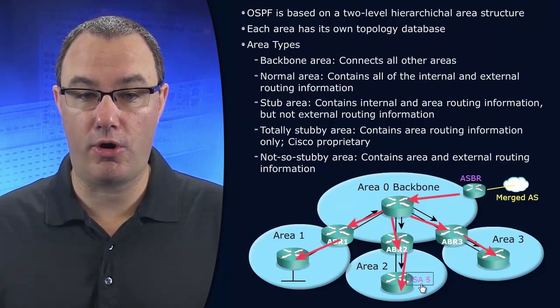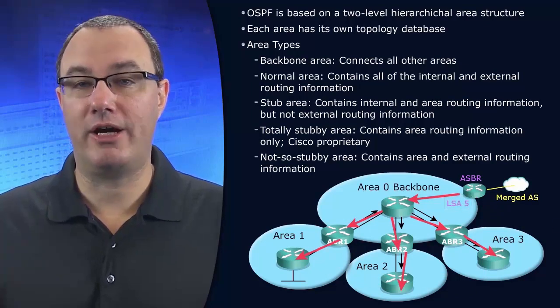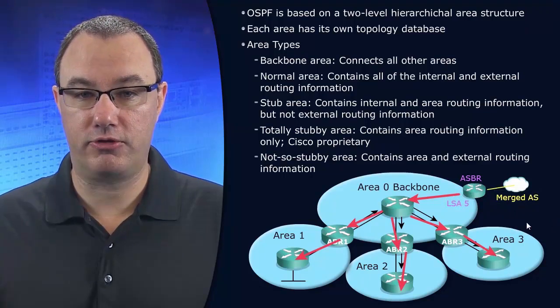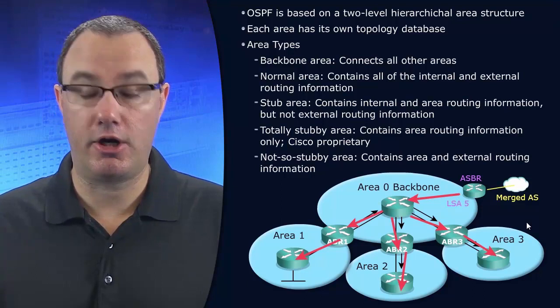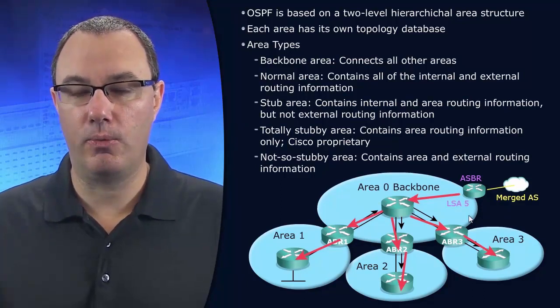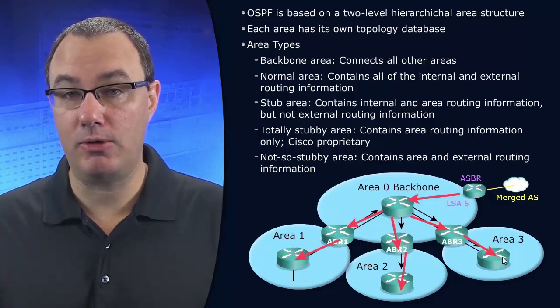They're going to flow all the way through. And what if that is, let's say, 2,000 routes from the other autonomous system that we have now just joined forces with and must accommodate their routes? 2,000 routes. Are we going to want all of our areas to be able to see this? Maybe or maybe not.